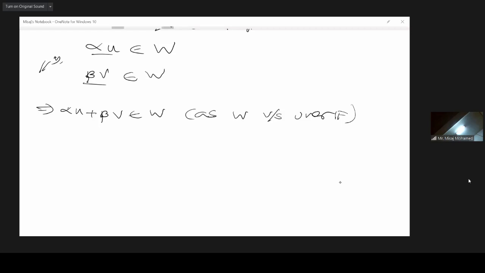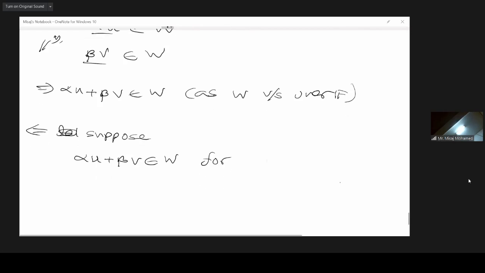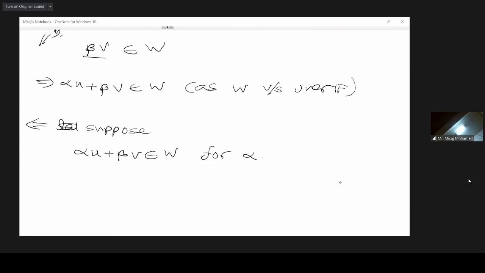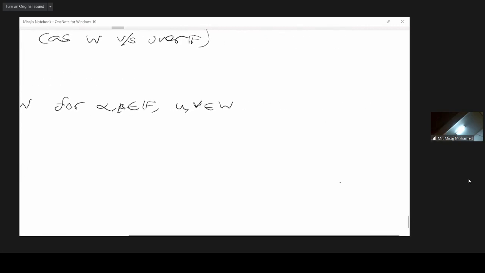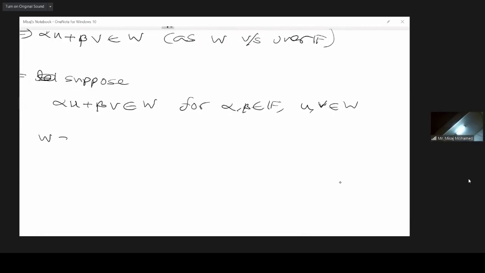Right, now reverse way. Suppose alpha U plus beta V is in W for alpha, beta in F and U, V in W. Already in the hypothesis it is given that W is a non-empty set and W is a subset of V. No need to prove these two.